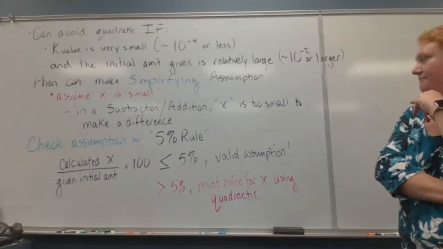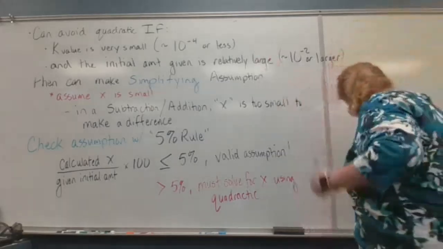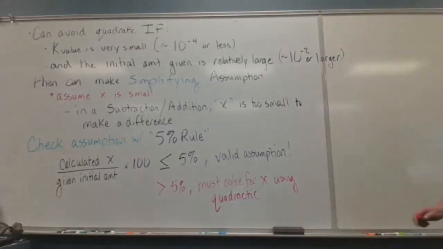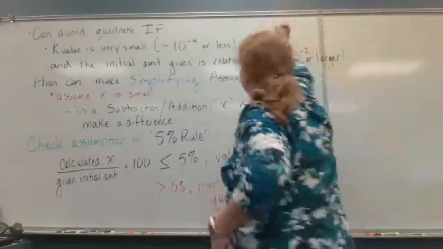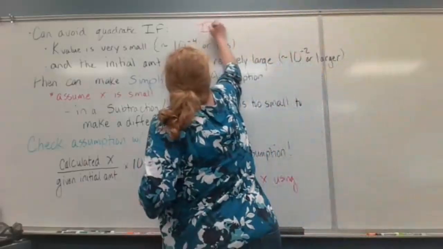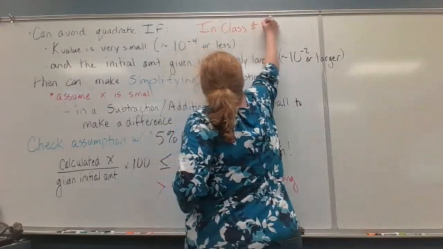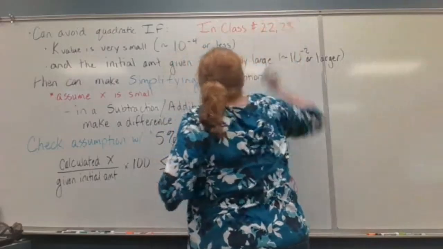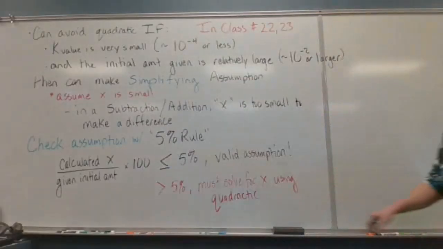Okay. What numbers should we look at? In our in-class to practice this, we're going to look at 22 and 23. And I'm just going to do one of them right now, because then I got to tell you one other thing that I forgot the other day.